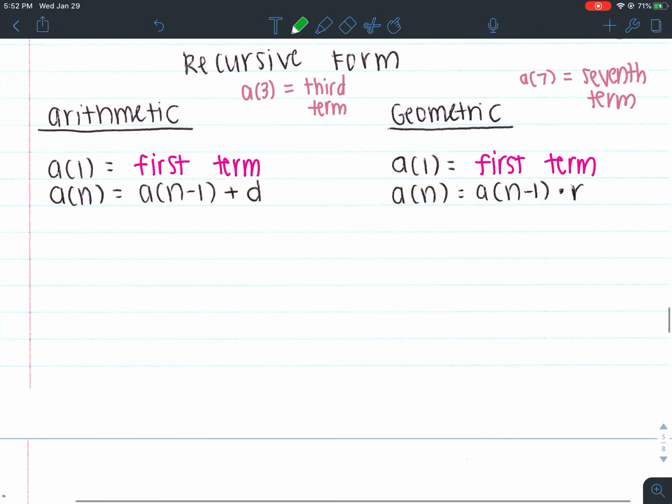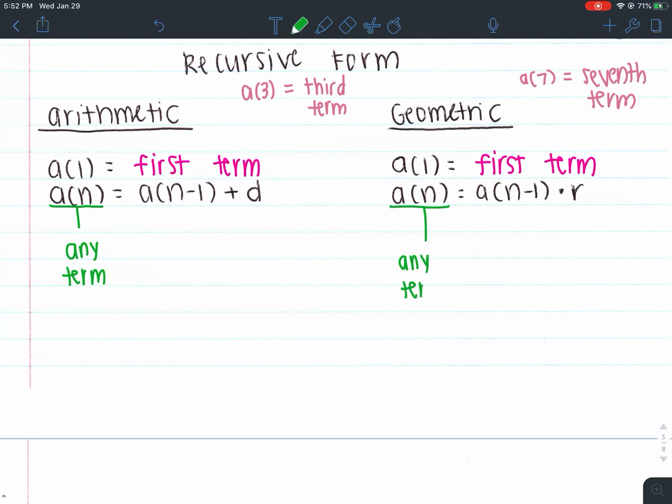Okay, now this first part in the front, a of n, is the any term. This can be literally any term, and it would mean the same thing in the geometric sequence.